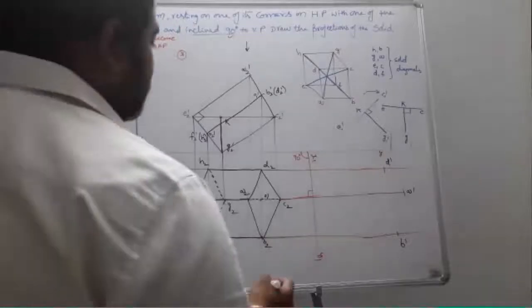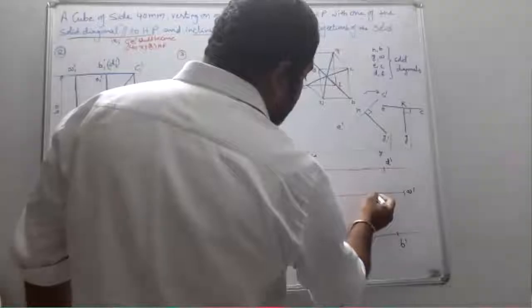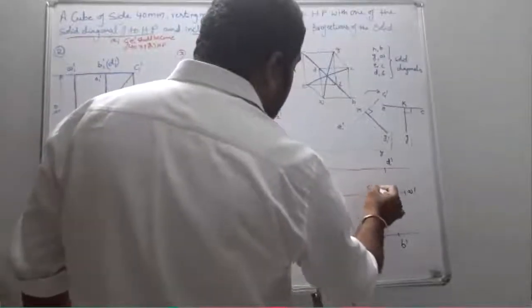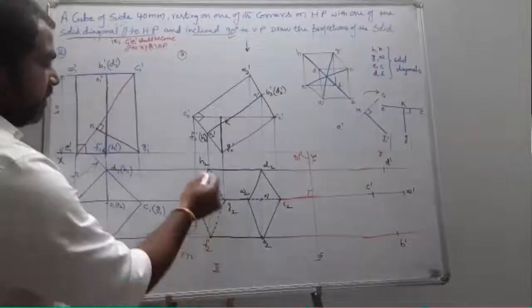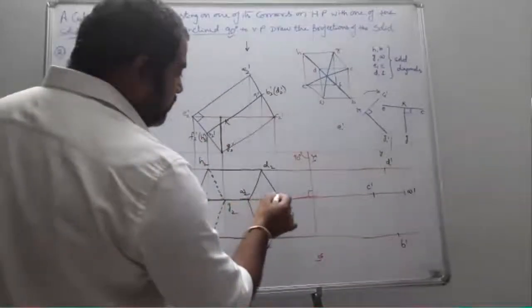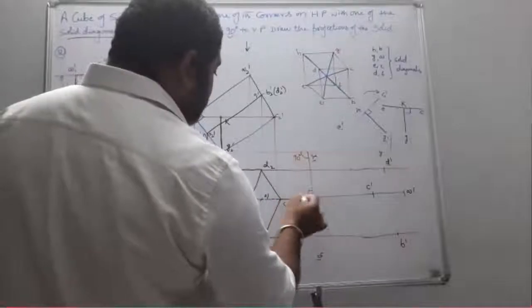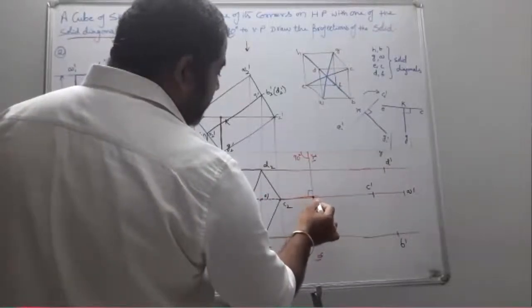Okay. So next take your C. C is going to get here. So this becomes my C dash. Next one is, let us take your E of GH. So G point is already on XY. So this is going to be G. So this was the G projector on XY. This becomes your G dash.